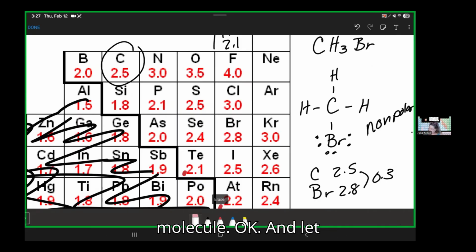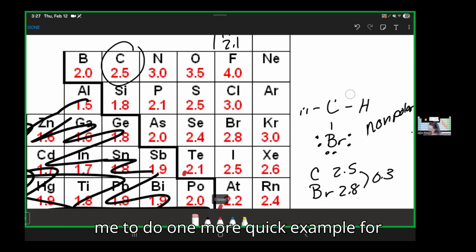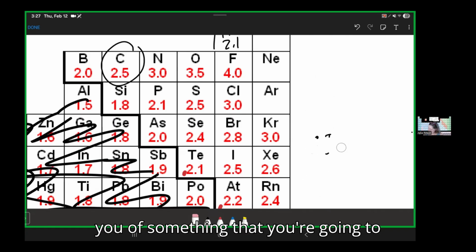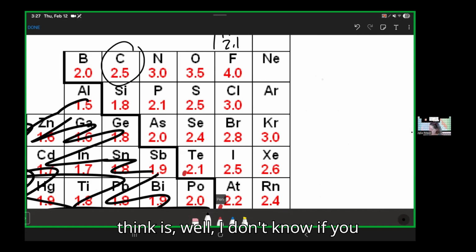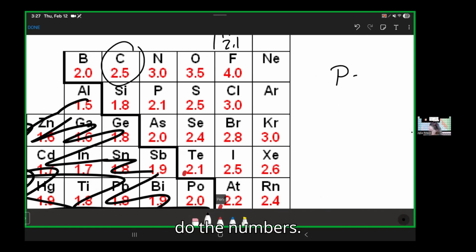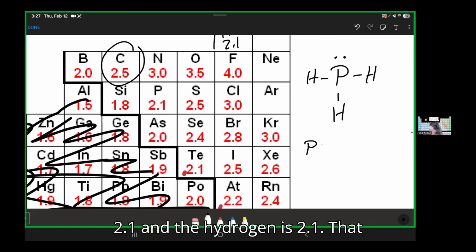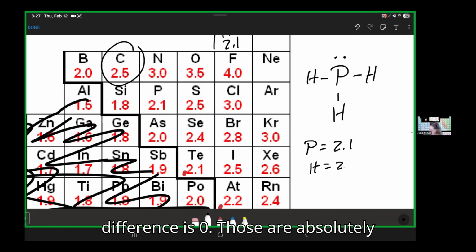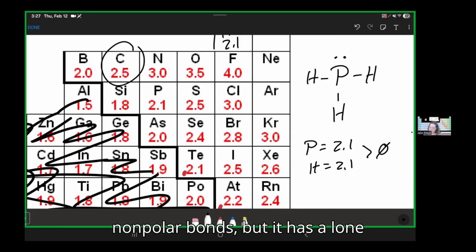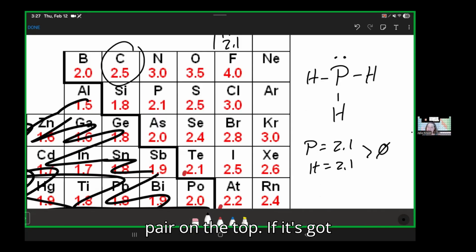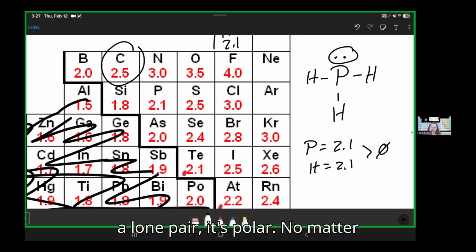Okay. And let me do one more quick example for you of something that you might not know if you don't do the numbers. So PH3 is this guy. Phosphorus is 2.1 and hydrogen is 2.1. That difference is 0. Those are absolutely nonpolar bonds, but it has a lone pair on the top.